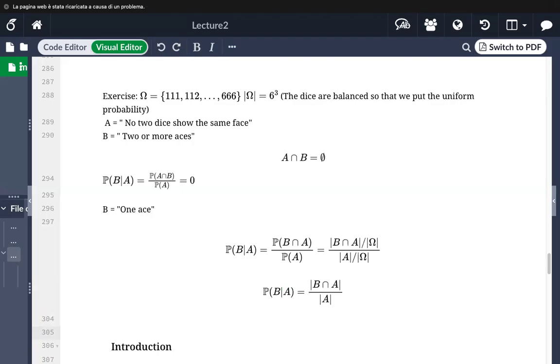Well, now we have to compute simply the cardinality of these sets. How many elements does it have?